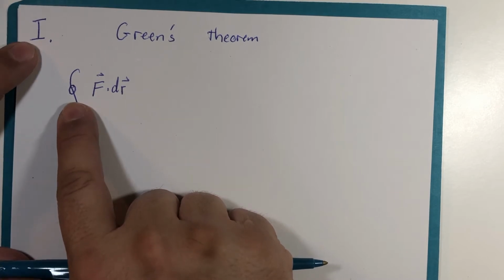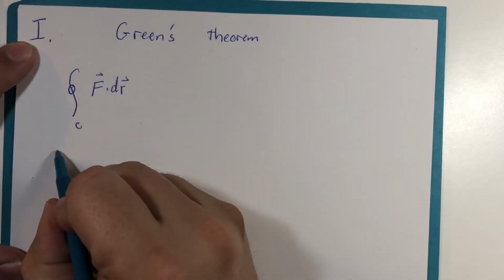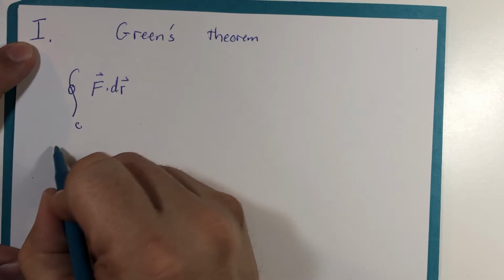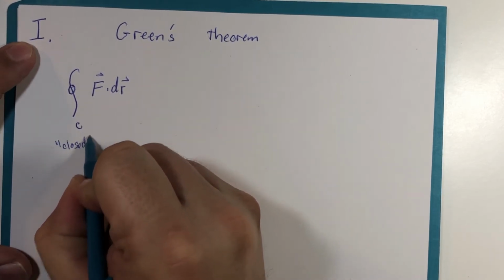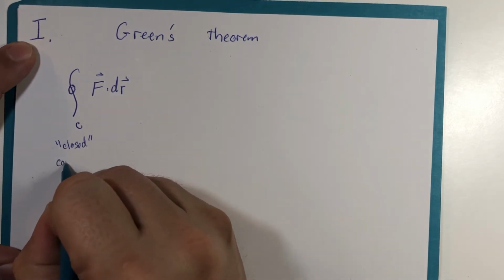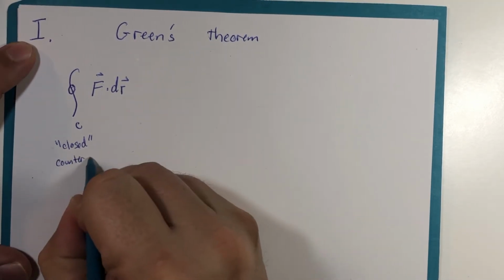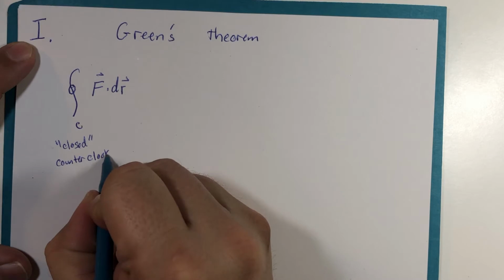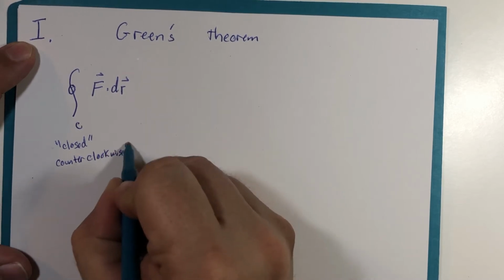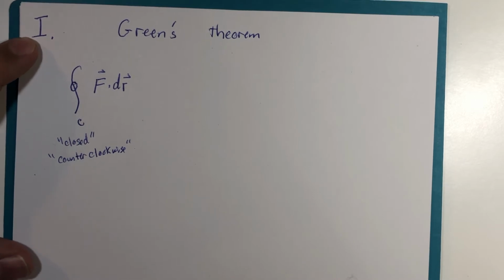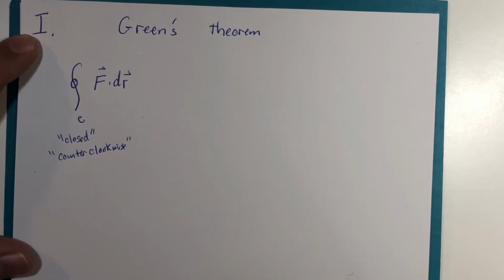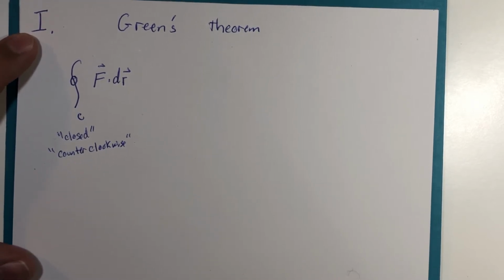And this particular symbol indicates that it is a closed path, and also that it is traveled in the counterclockwise direction. So samples that would maybe apply would be things that look like this.